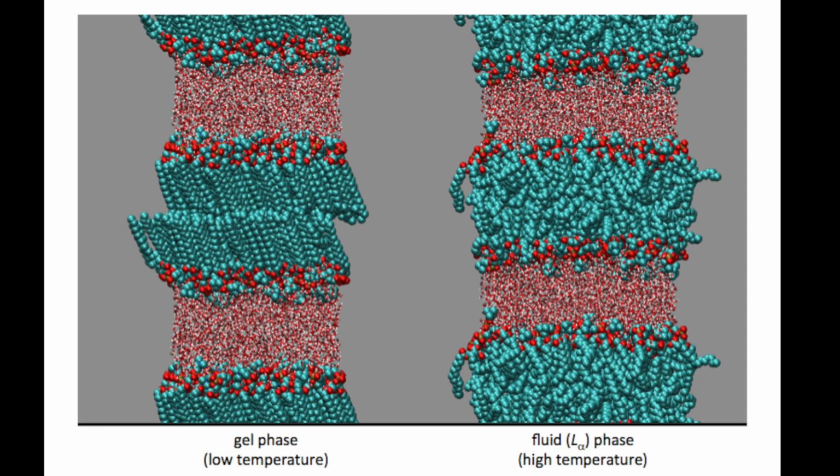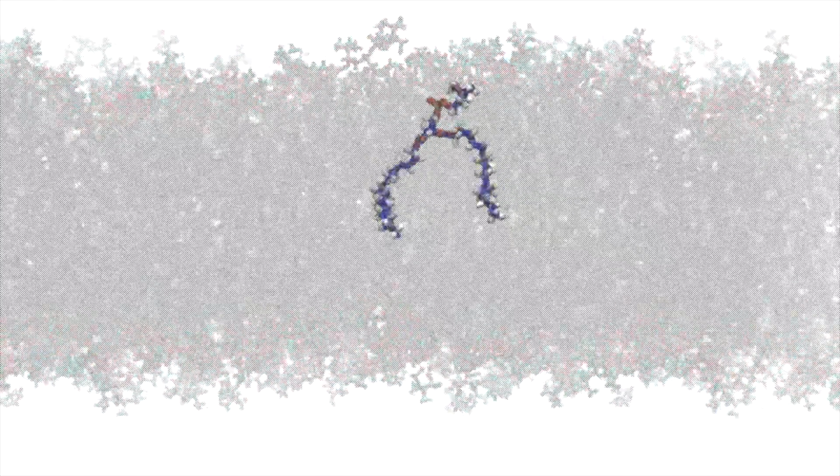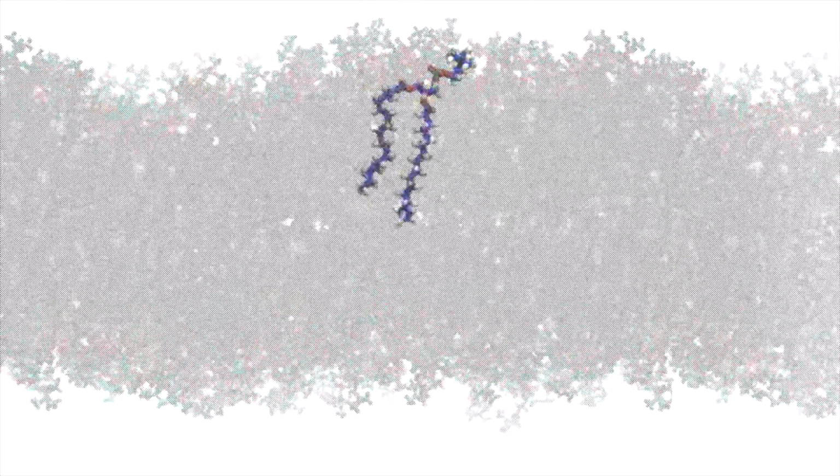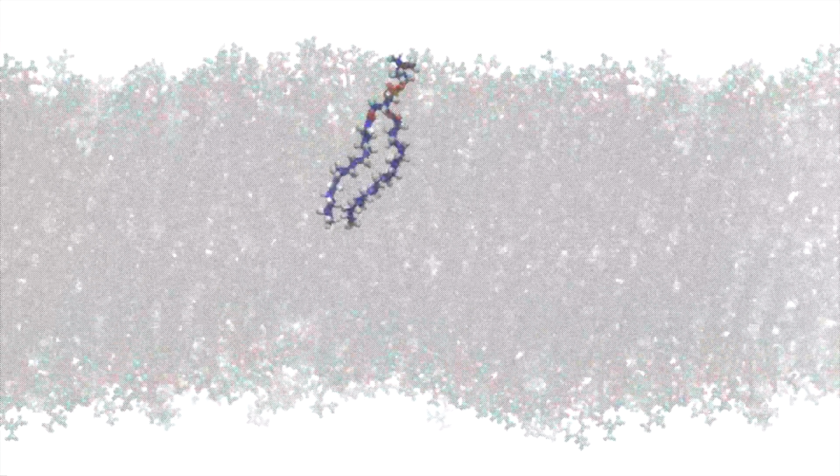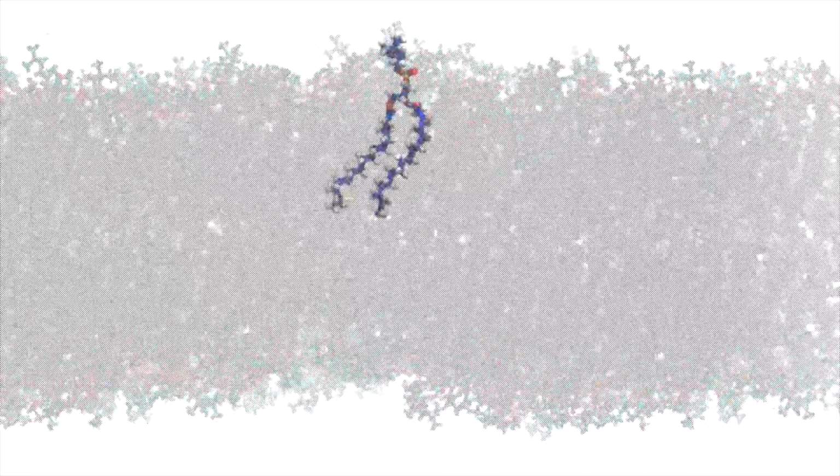Like triglycerides, phospholipid bilayers undergo phase transitions that depend on the saturation level of their fatty acids. It is impossible to see the motions of an individual lipid molecule, but we have a pretty good idea of how lipids move by using computers to simulate their dynamics. To create these animations, we model a patch of hundreds of lipid molecules in a bilayer surrounded by thousands of water molecules.